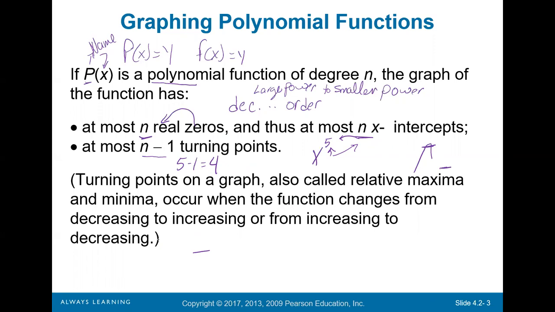They occur when the function changes from decreasing to increasing, left to right, or increasing to decreasing, left to right. So we read left to right on our graph.